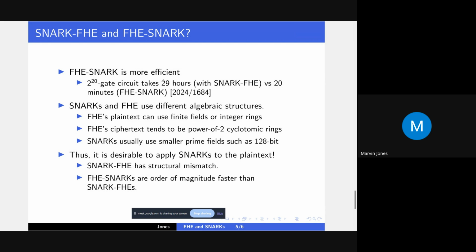I'm hoping I don't misspeak. For FHE snark, as the user, you're going to send the encrypted data along with some commitments to your original data, I believe.